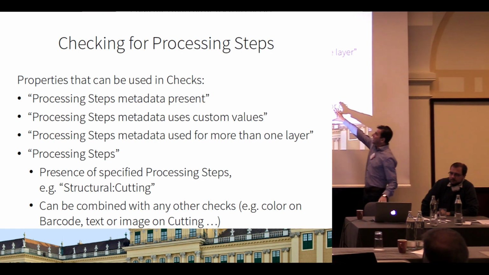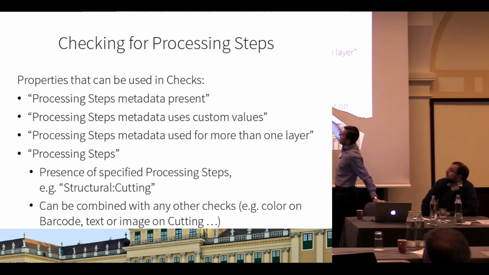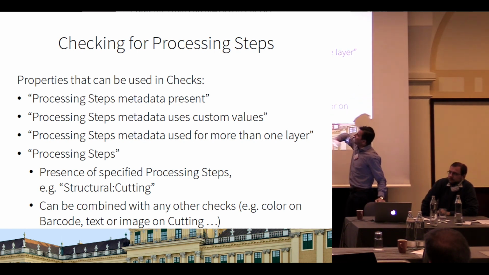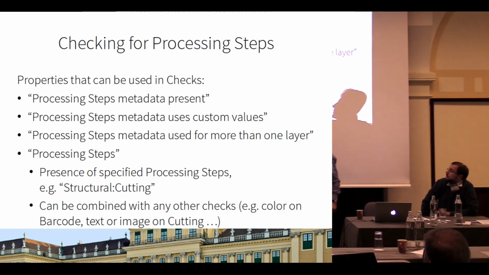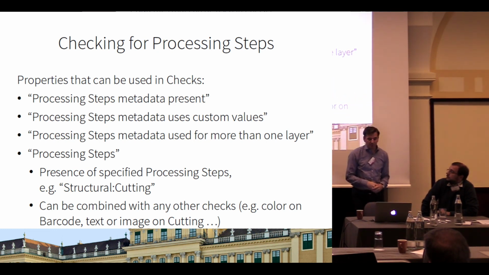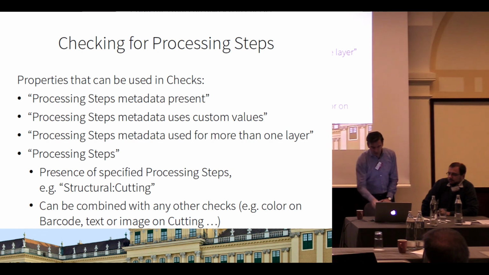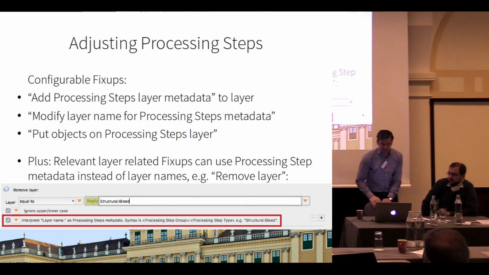And there is a flexible one, and this was the one I was using in the checks that I have shown you. There is a processing steps check, and that can be combined with a particular processing steps metadata and will then be defined. And it can be combined as I have shown in my example.